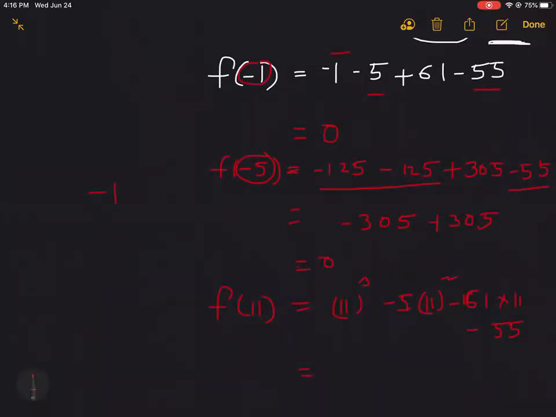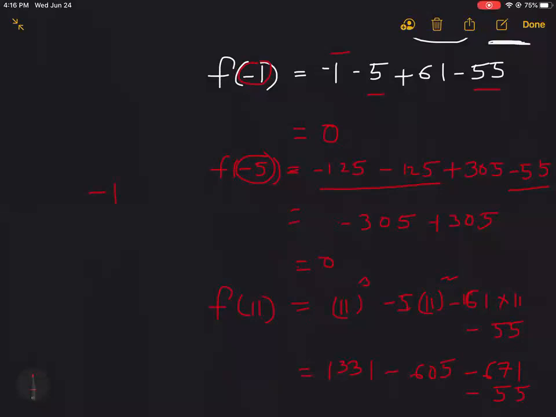And 11 times 11 will be 121, so 11 cubed is 1331, minus 5 times 121 will be 605, minus 61 times 11 will be 671, minus 55.